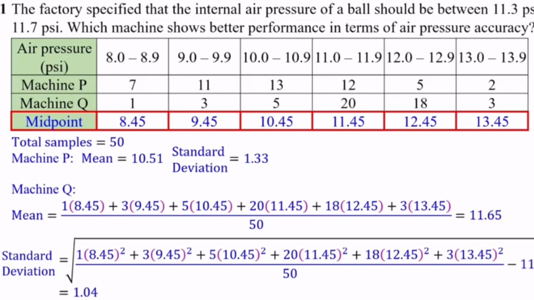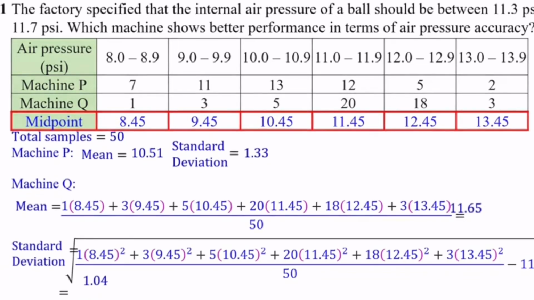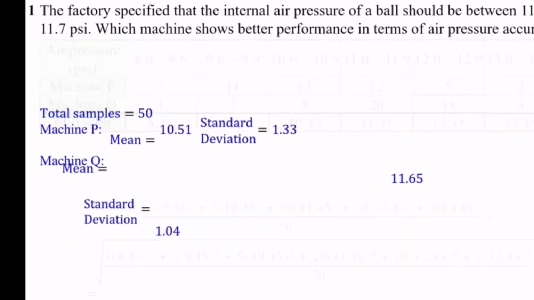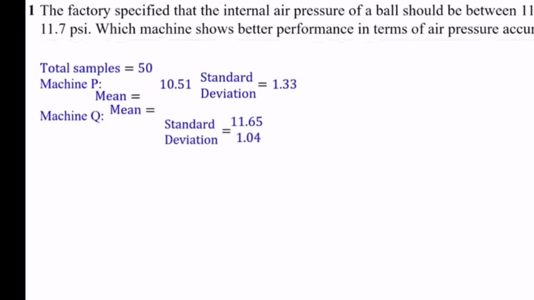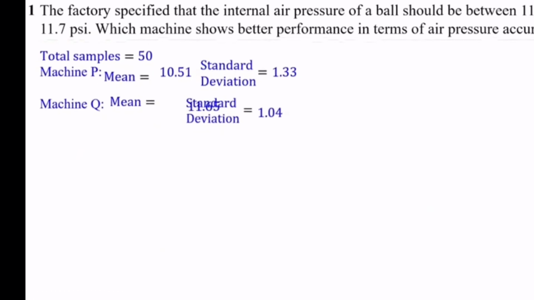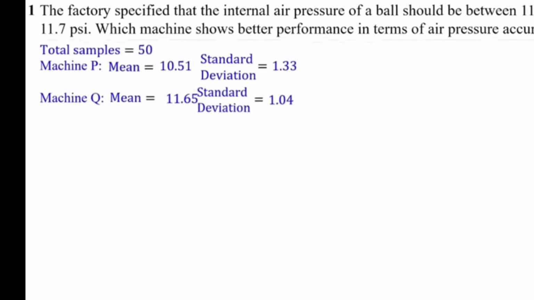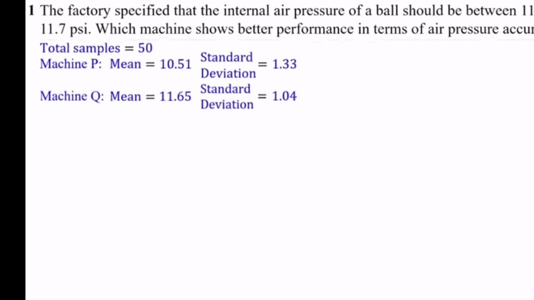The standard deviation is 1.04 for machine Q. It seems like the standard deviation for machine Q is much smaller compared to machine P. So we'll list out for both machines, P and Q. The mean for Q is 11.65 and the standard deviation is 1.04 for Q.